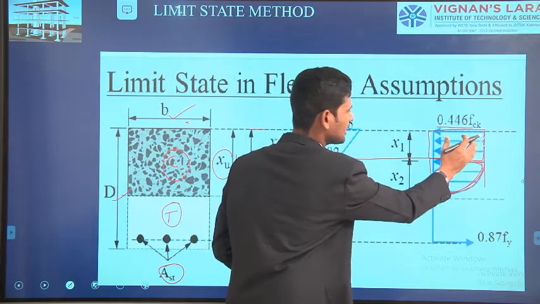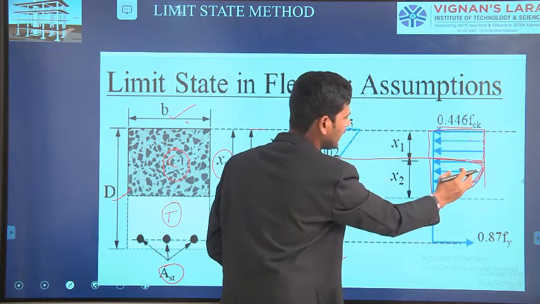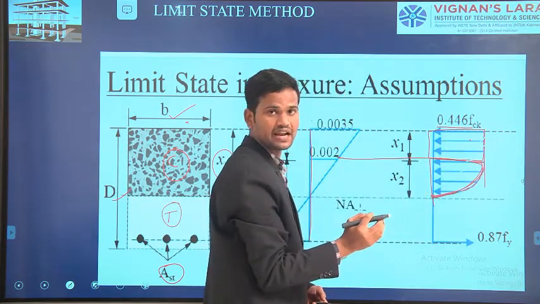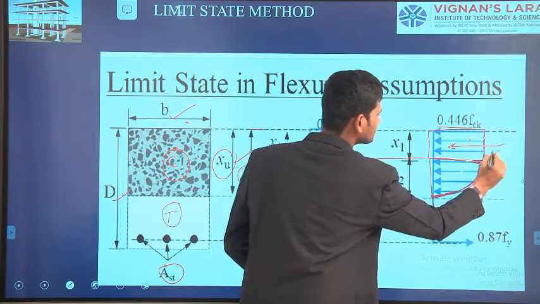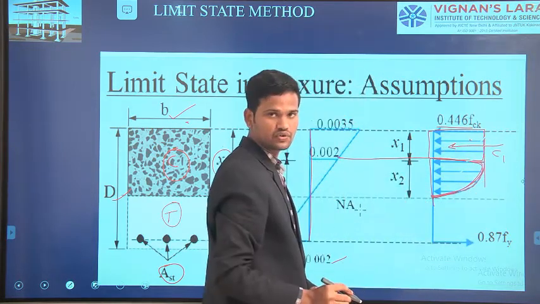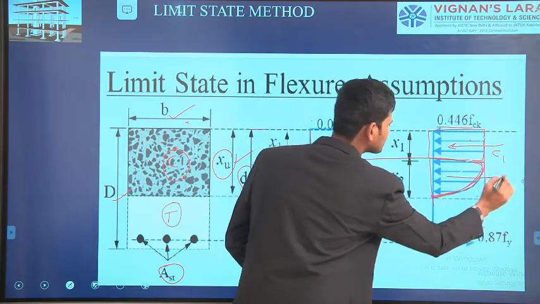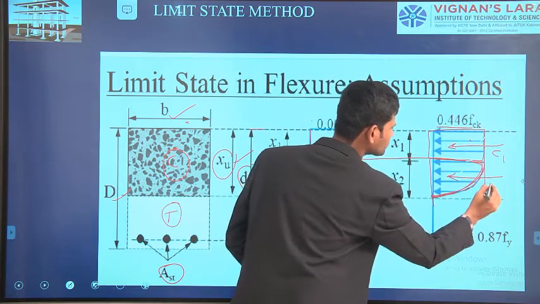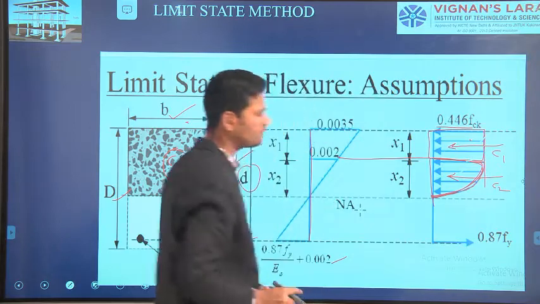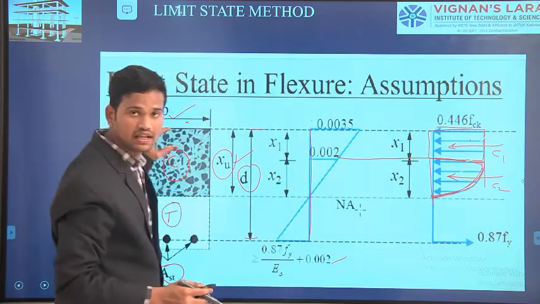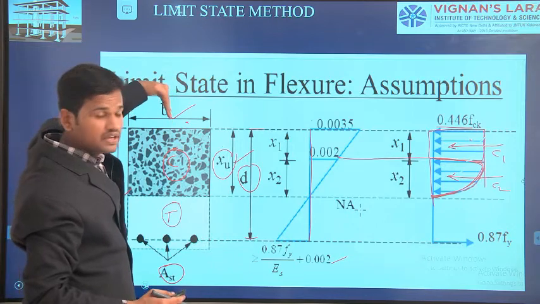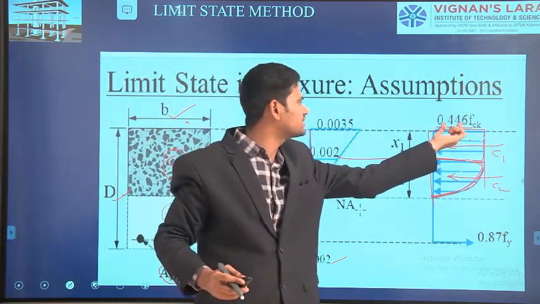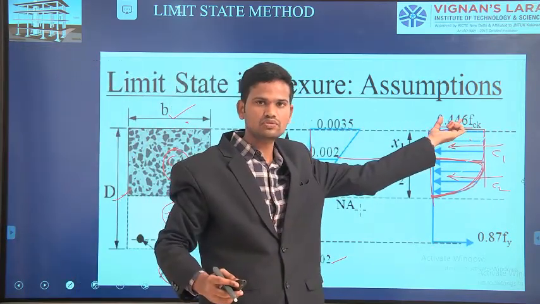See, this is one rectangular portion and this is one parabola portion. In both the parabolic portion and the rectangular portion we have some amount of compressive force. This is the concrete member, and we are applying load to it. Due to the application of the load, the concrete resists with this amount of compressive strength.